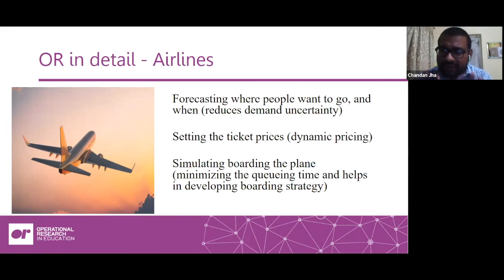Then again, coming to the process improvement part, here is the role of simulation. Simulating boarding the plane, minimizing the queuing time, and helping in developing a boarding strategy. That will enhance customer satisfaction. So here see the approach. On one part, we are focusing on revenue optimization, revenue maximization, profit maximization, while managing the resources in an efficient manner so that the cost will be minimized.